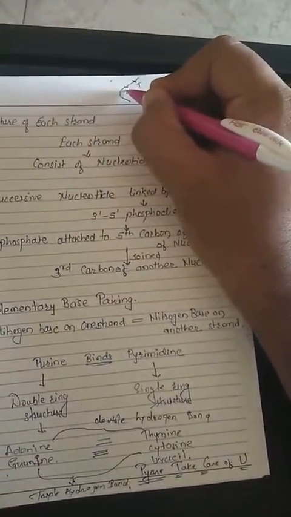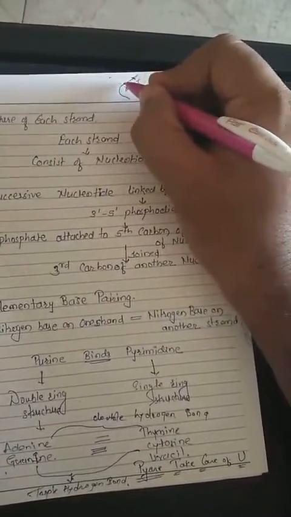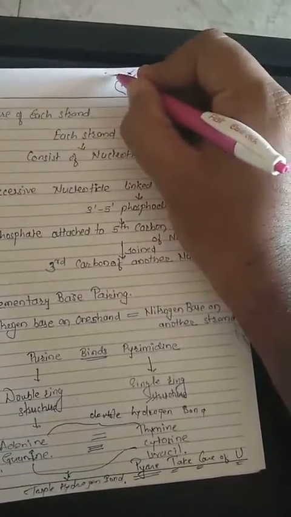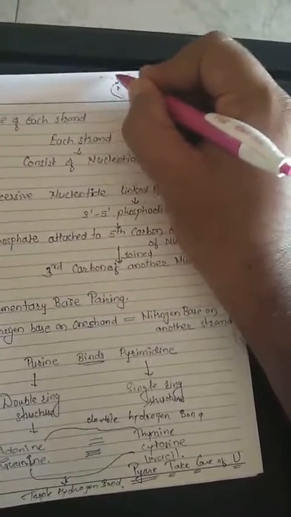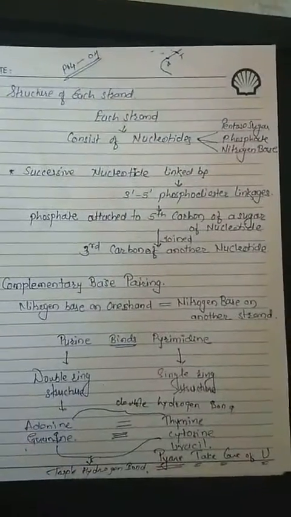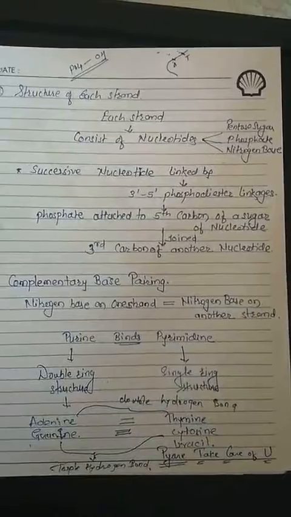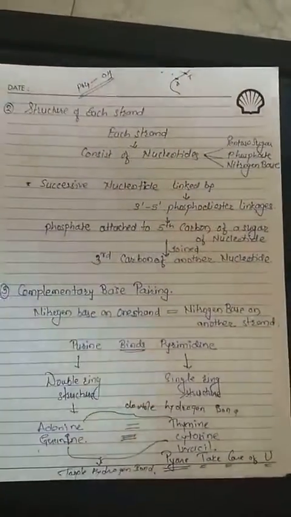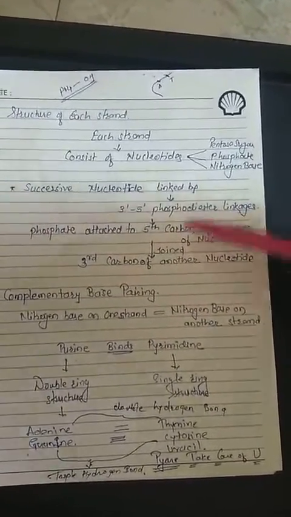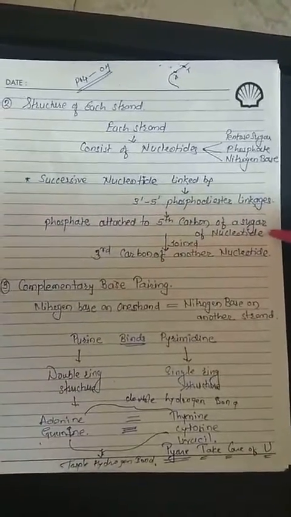On the fifth carbon of this nucleotide there is a phosphate which is linked with the third hydroxyl of the one above. The phosphate and hydroxyl together form the phosphodiester linkage. That's why it is said that the phosphate attached to the fifth carbon of the sugar of one nucleotide is joined to the third carbon of another nucleotide.